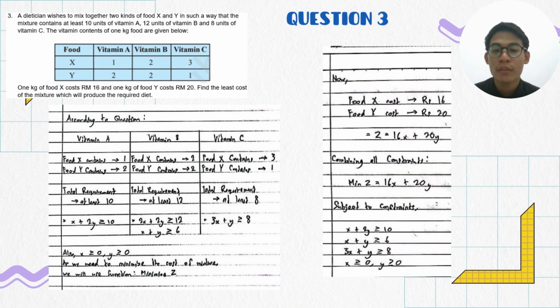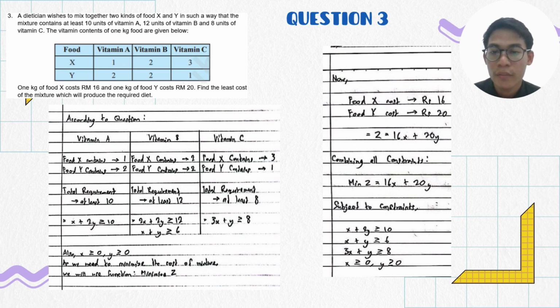Next, for question 3, a dietitian wishes to mix together two kinds of food, X and Y, in such a way that the mixture contains at least 10 units of vitamin A, 12 units of vitamin B, and 8 units of vitamin C. The vitamin content of 1 kilogram of food can be seen from the table below. 1 kilogram of food X costs 16 ringgit, and 1 kilogram of food Y costs 20 ringgit.